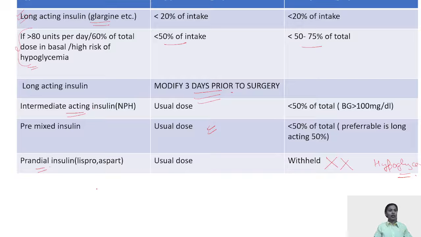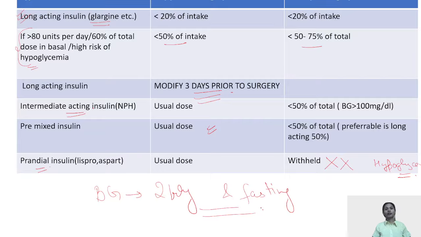But please remember, the blood sugar levels pre-operatively have to be checked early if the patient is on insulin and fasting. I know most of you must be thinking that the patient is fasting, so why are we giving insulin?